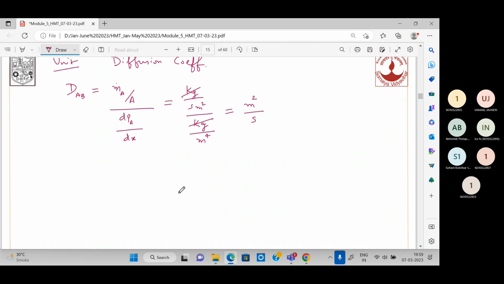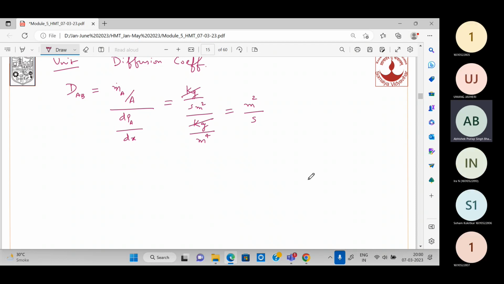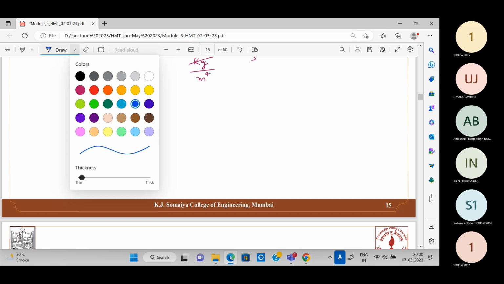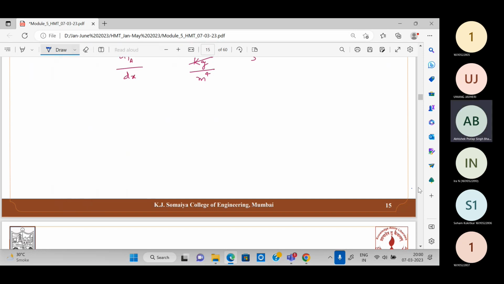Fine. Now we'll talk about the physical mechanism of mass diffusion. We have to understand the physical mechanism, so we'll draw this diagram to show the diffusion dependence on the concentration profile.